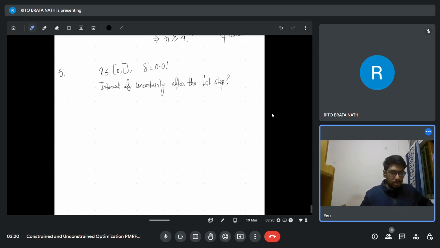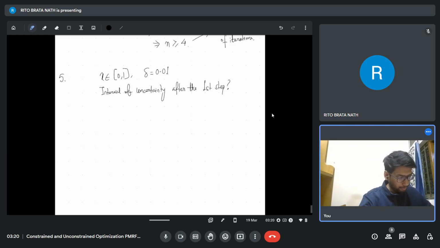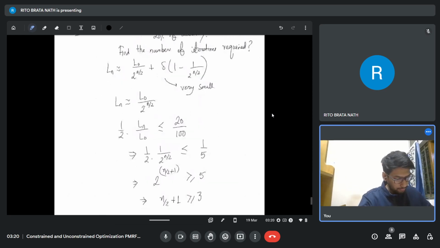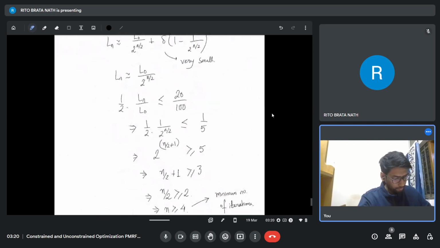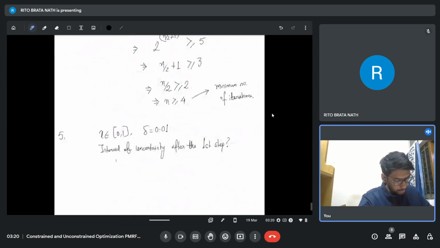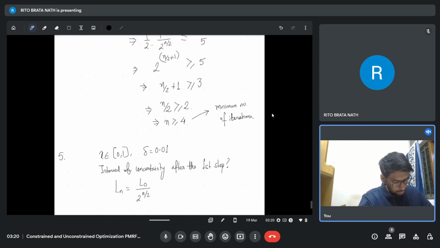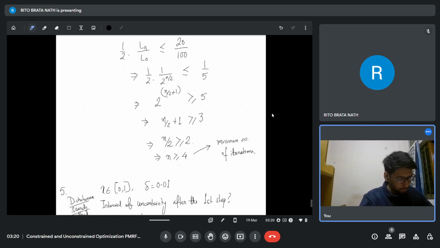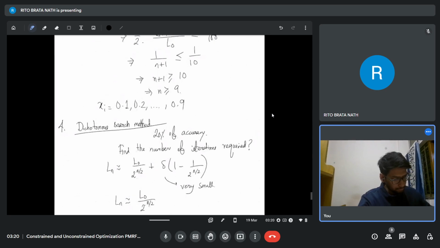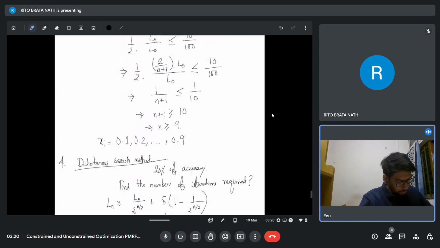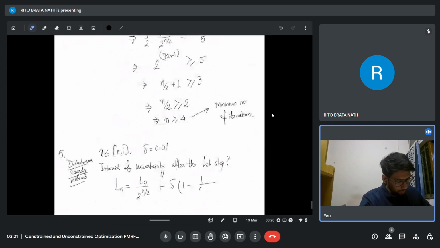In this problem, as you know, Ln is L0 by 2 to the power n by 2 plus delta times 1 minus 1 by 2 to the power n by 2.